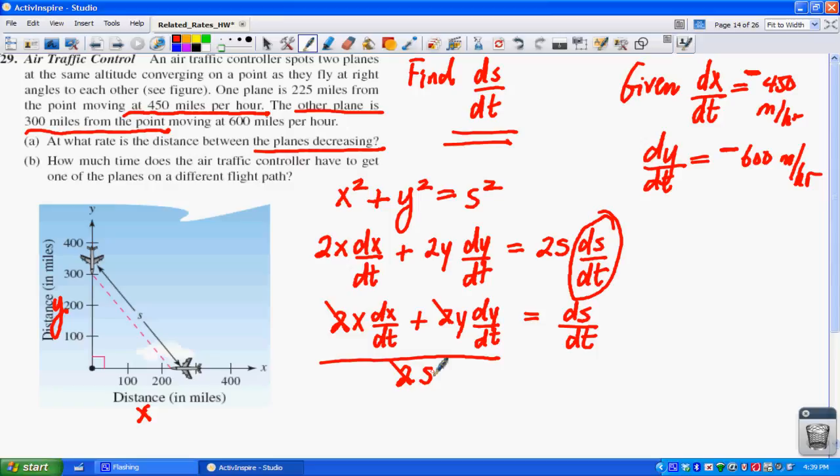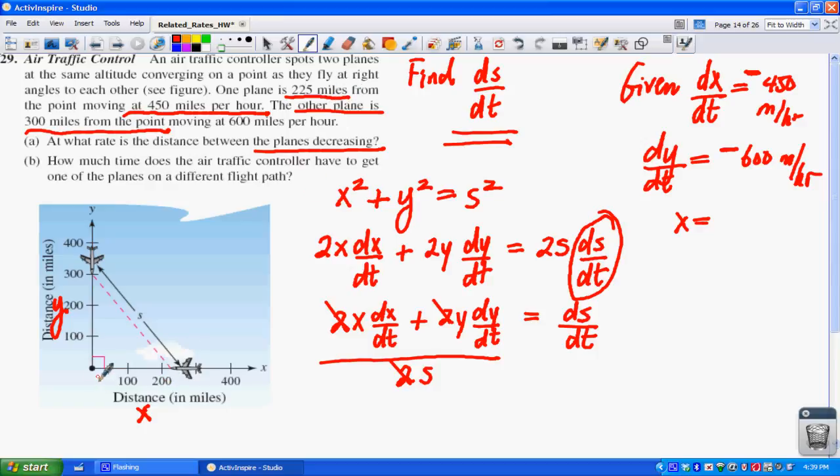It's saying one plane is 225 miles from a point, and the other one is 300. So we're going to use that fact here. When x is equal to 225, that's given by this here.